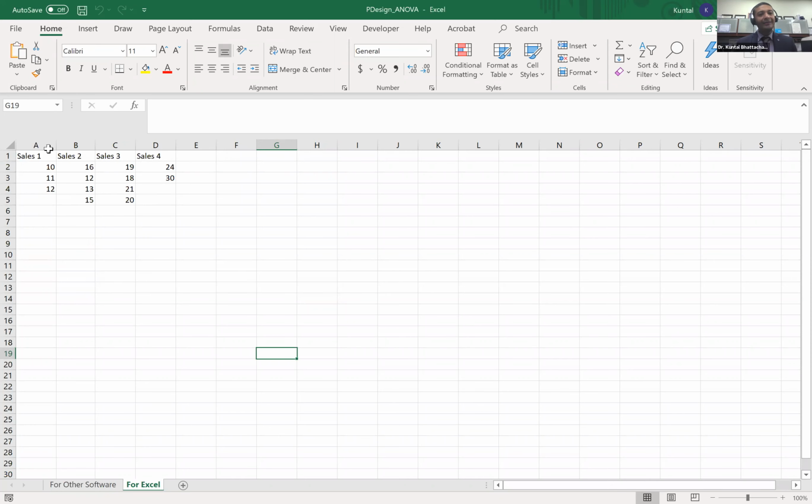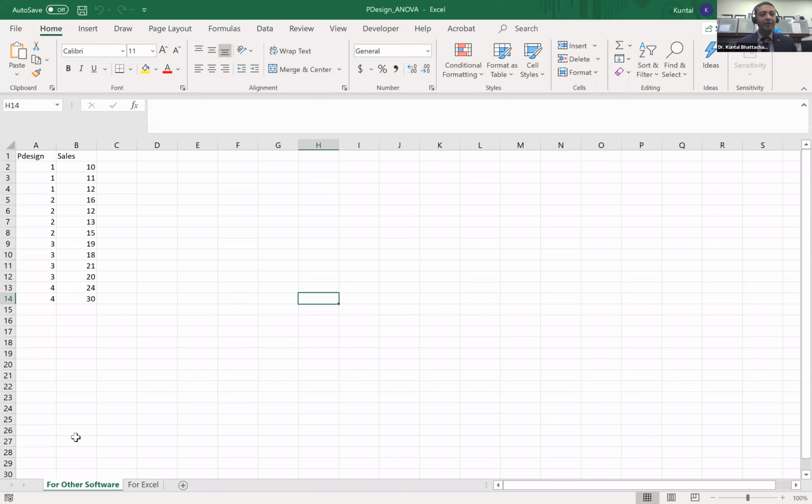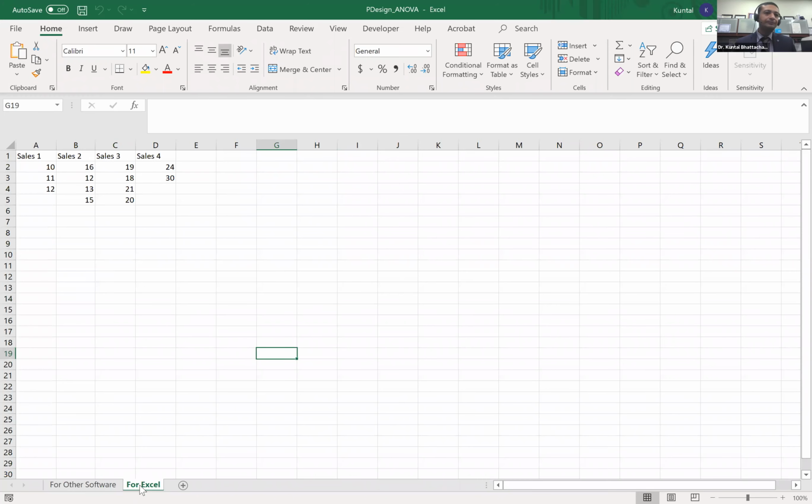And only then can you do the Excel side of the analysis of variance. For any other software, like R, it is a very straightforward process. We'll look into both of those, and into the output to understand what we have just studied. Let's look into the Excel side first, and we'll move into R very soon.